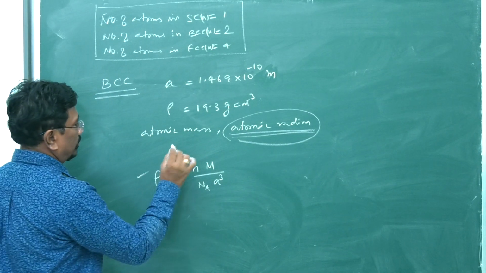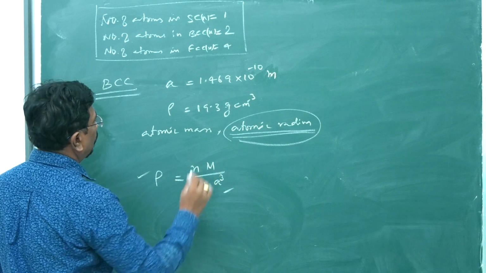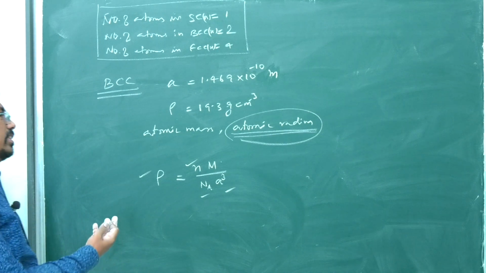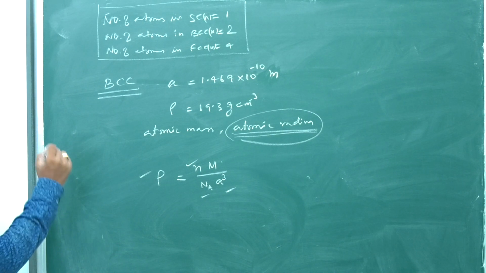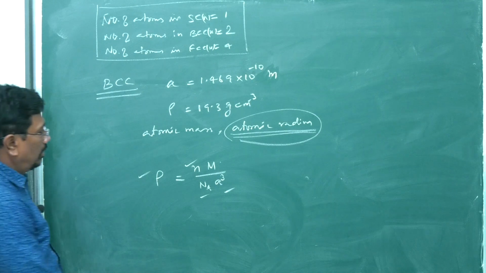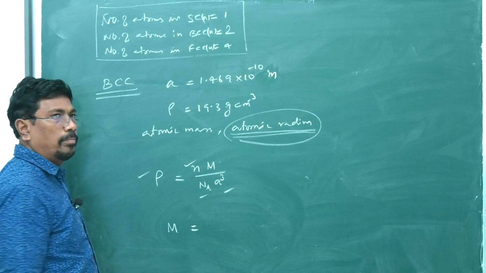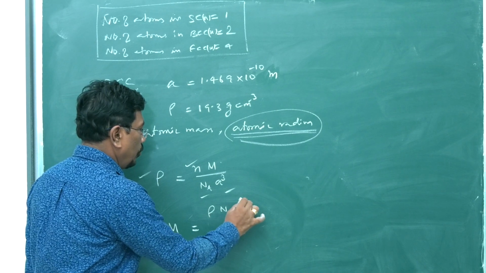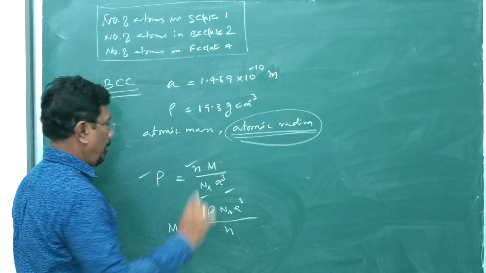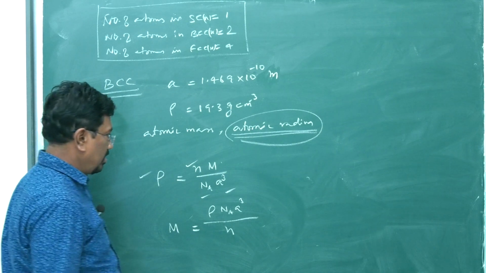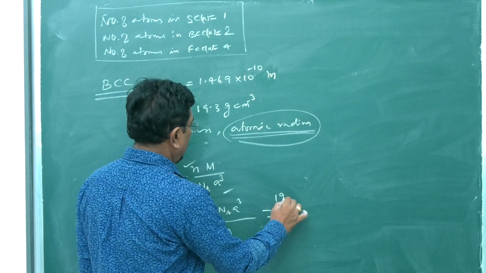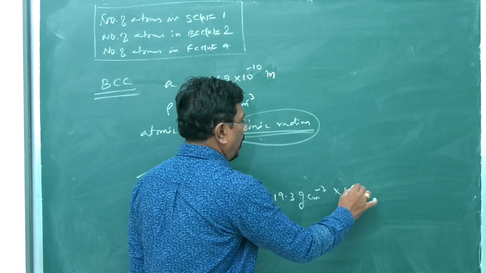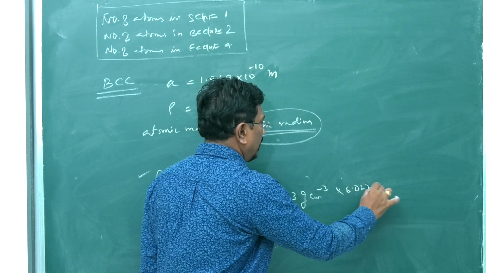Rho is given, a is given, Na we know, number of atoms in BCC we know, molecular mass is nothing but atomic mass, because in this unit cell atoms are packed. Now how to get M? M is equal to rho into Na into a cube divided by N. Just like the previous sum, rho is equal to 19.3 gram per centimeter cube into 6.022 into 10 power 23.